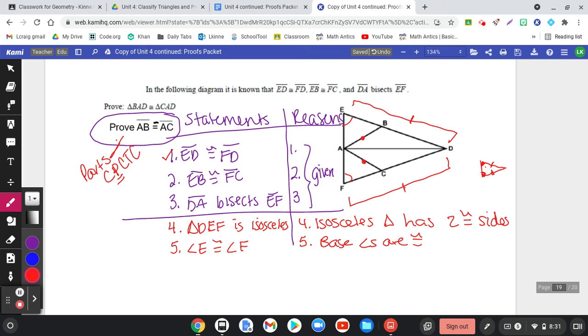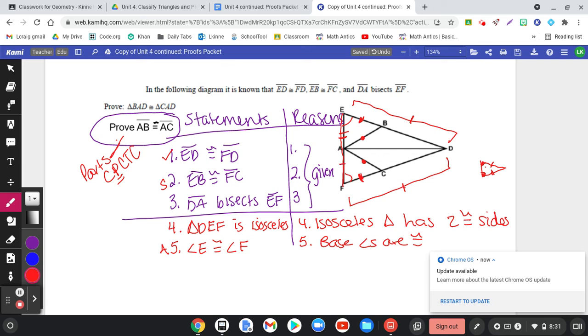EB is congruent to FC. Oh, we have a side of those. Okay, so we have a side and angle. DA bisects EF. So EF is being cut in half, so that means EA is the same as FA.